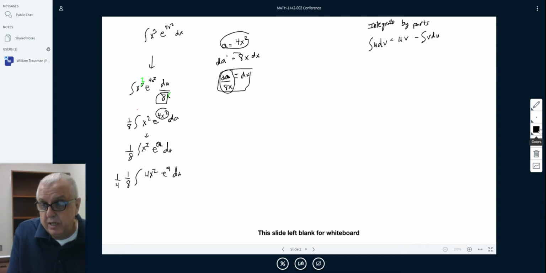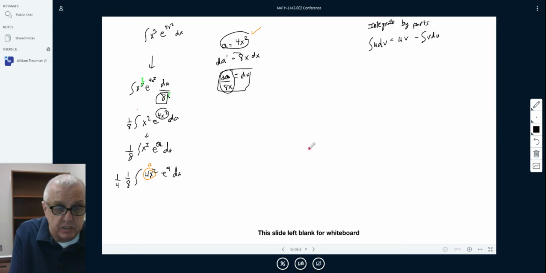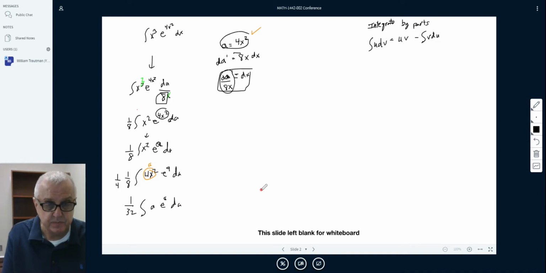And now I can change that 4x squared to a. You see, it's the same thing as up here. So what I'm integrating by parts is 1 over 32 a e to the a, take the derivative of a.